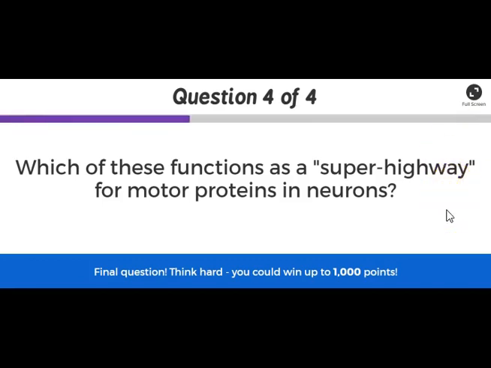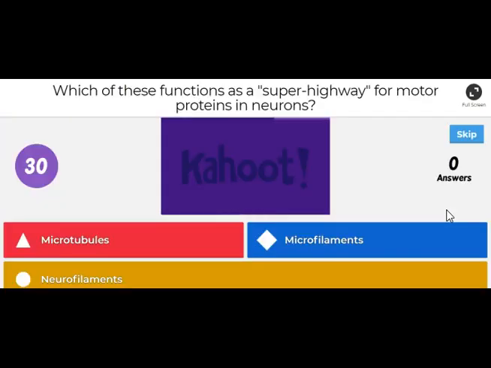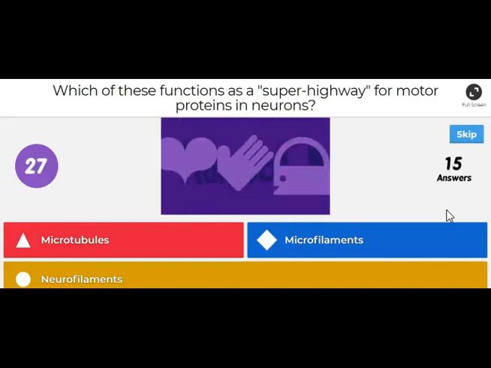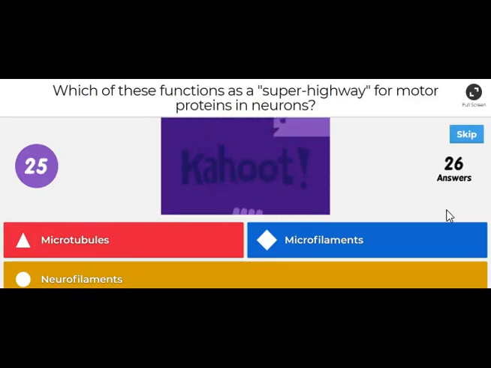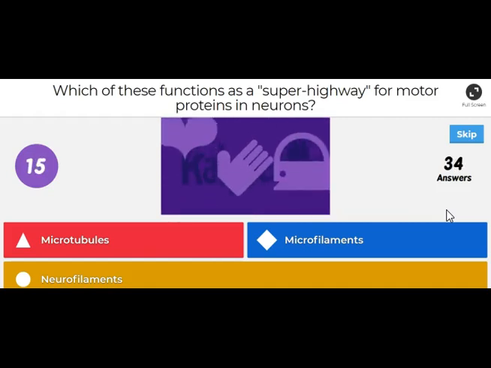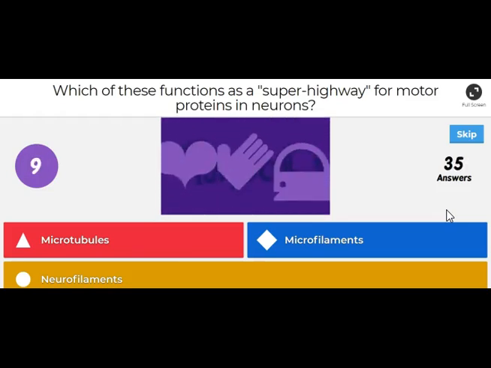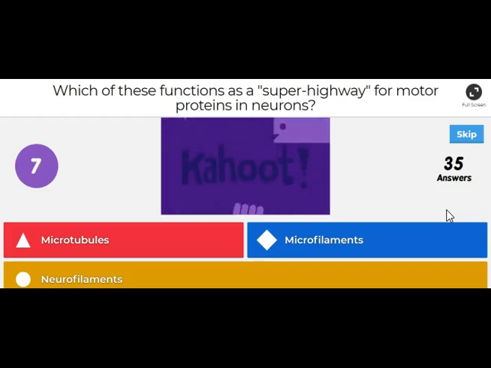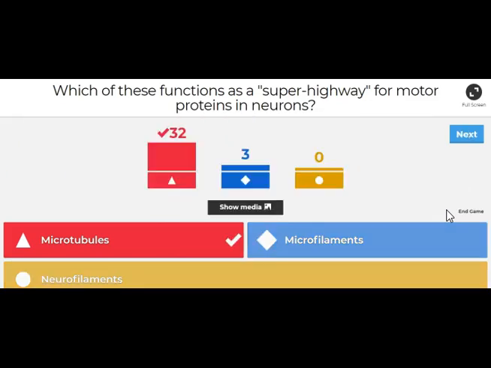Question 4. Which of these functions as a superhighway for motor proteins in neurons? It is, in fact, the microtubule.